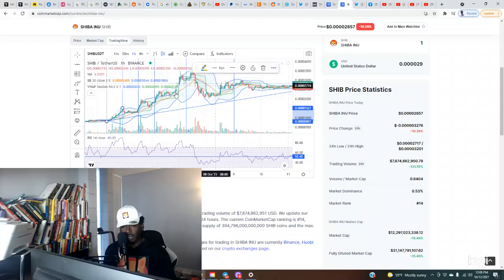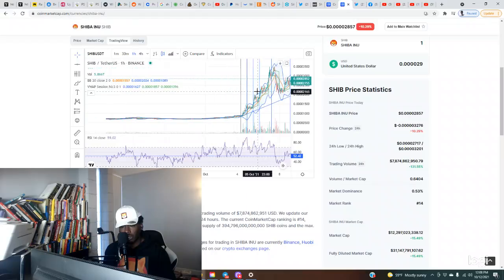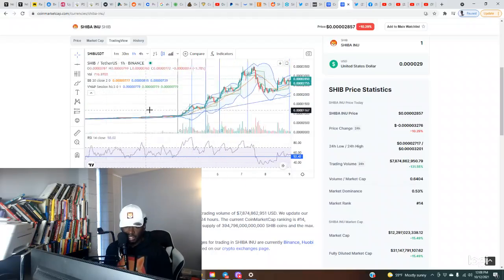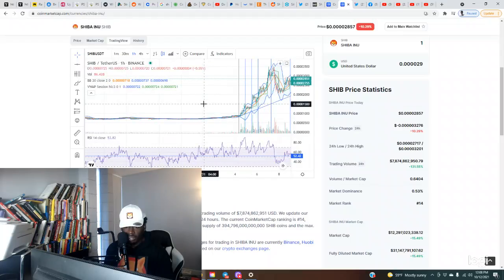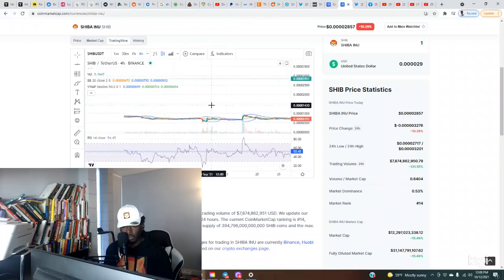Okay, so now let's see what we got. It's a little off on this one, but when that happens, just look for a better zoom out again. Look for a better base or a better support, just to see if it lines back up on a 4 hour.